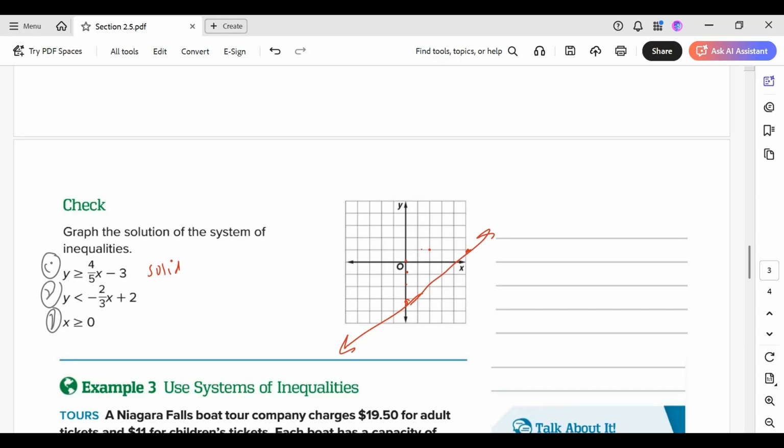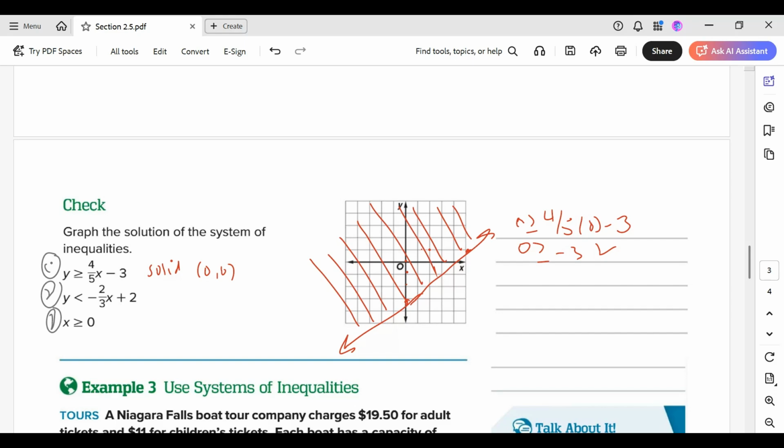I'm going to test the origin point. So again, I'm going to test 0, 0 for that one. 0 is bigger than or equal to 4/5 times 0 minus 3. 0 is bigger than or equal to -3. That is a true statement. For that region, we are shading above the line.